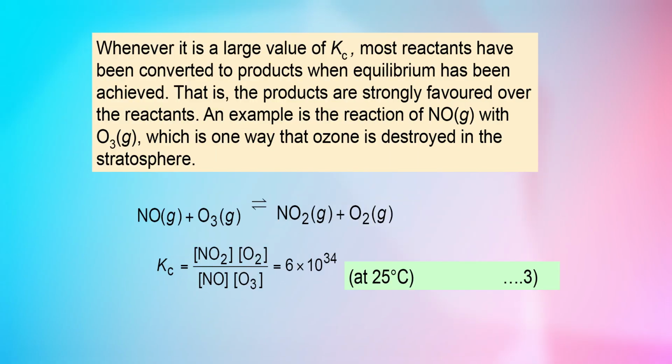Whenever the value of Kc is large, the products are strongly favored over reactants. You see this example, nitric oxide with ozone, the way ozone is destroyed in the stratosphere. You see the value is 6 into 10 to the power 34. So, how easily the ozone gets depleted in the stratosphere.